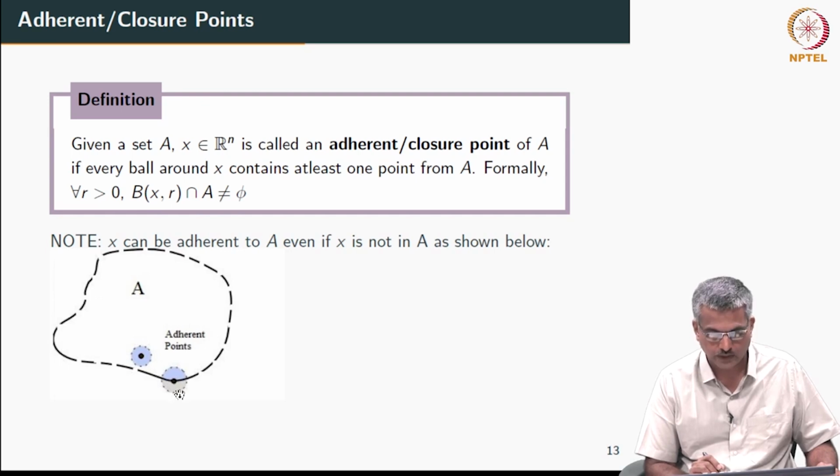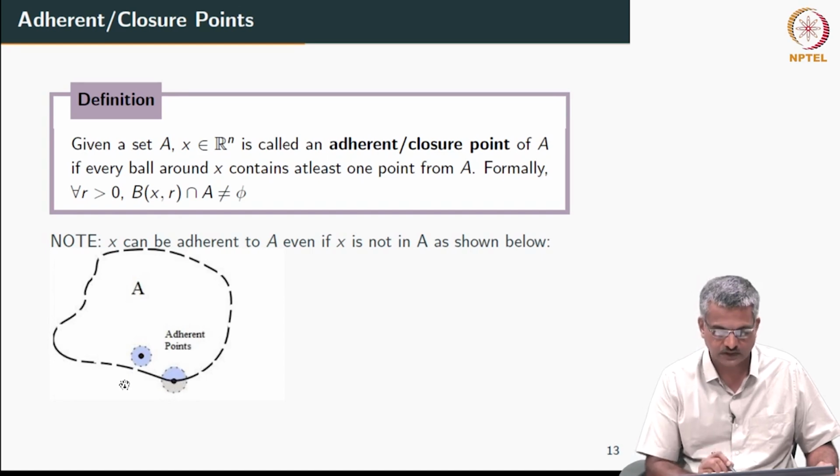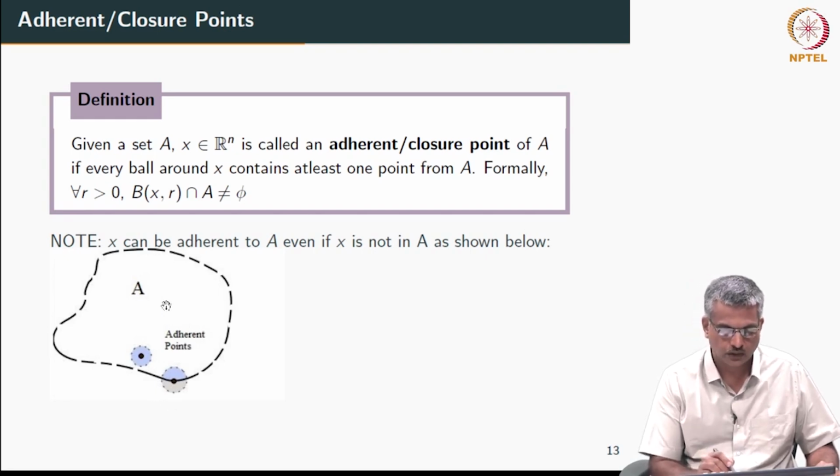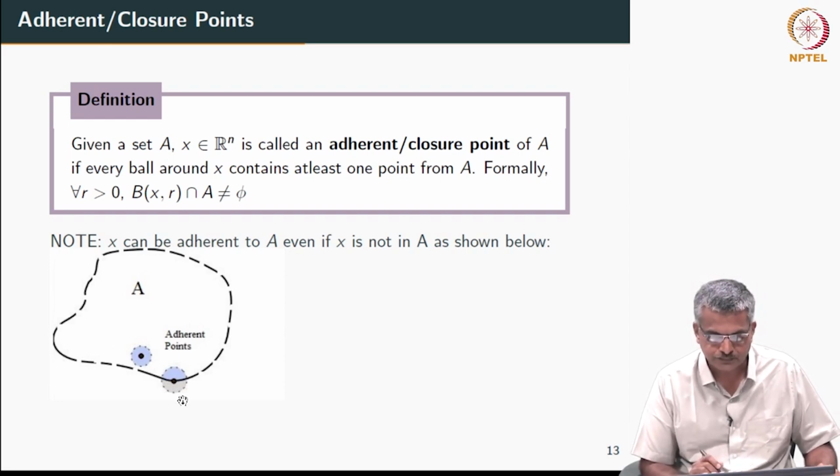If you take a point on the boundary, then any ball around this point will contain at least one point of the set A. So, the point sitting on the boundary is also an adherent point. Note that this point does not belong to the set A, because the set A does not contain the boundary; it contains all points inside the dotted line.